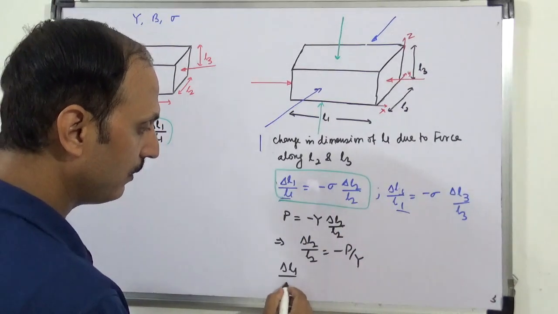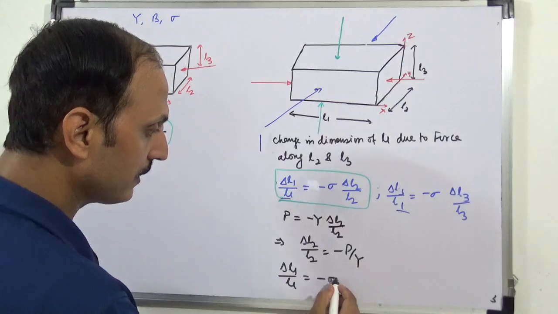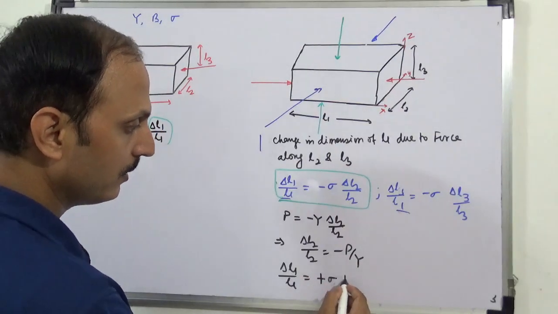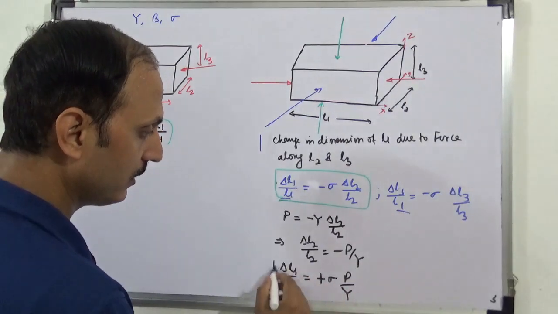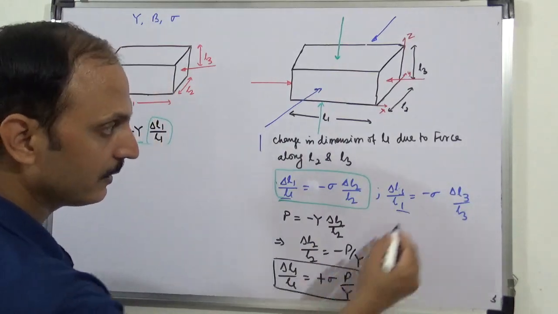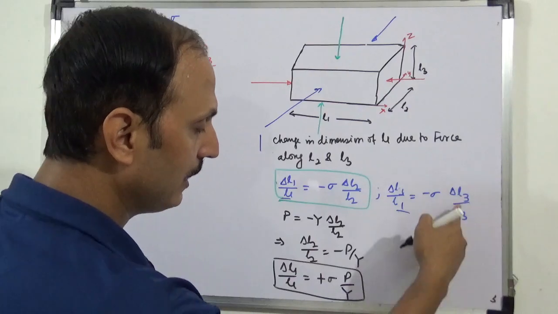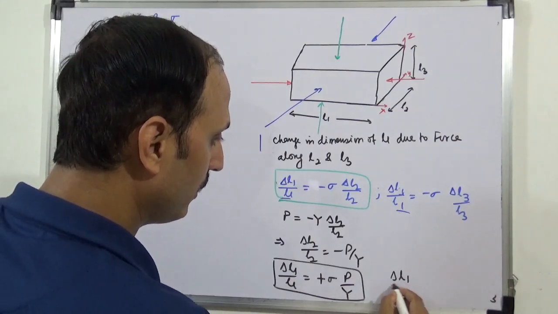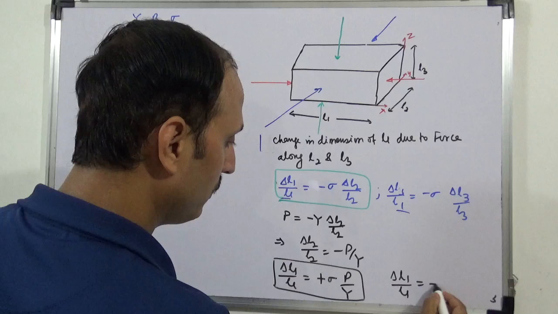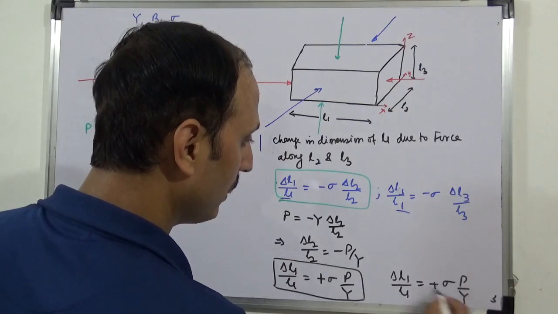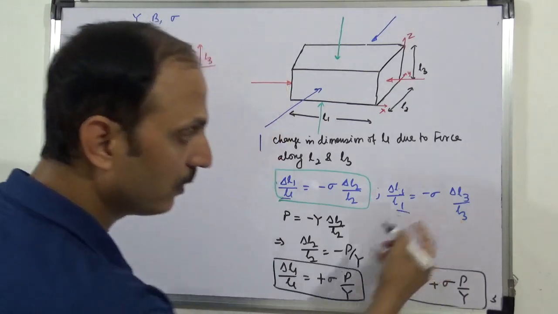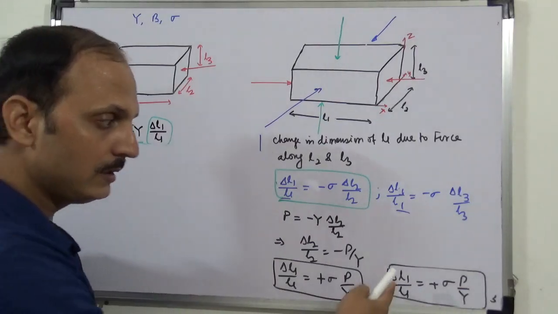So delta L1 by L1 will be minus sigma, minus plus becomes plus P by Y. Just see. And same here, if you execute this for L3, delta L1 by L1 is equal to plus sigma P by Y. This is the change in the length of L1 due to force along L3.